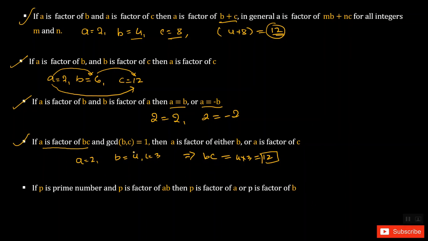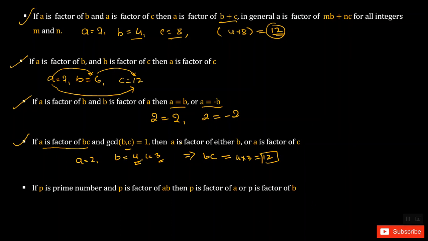So I am saying the greatest common factor, or the greatest common divisor, of B and C is 1. It means B and C, that is 4 and 3, are not multiples of each other, or 4 and 3 never come in an individual table, right?